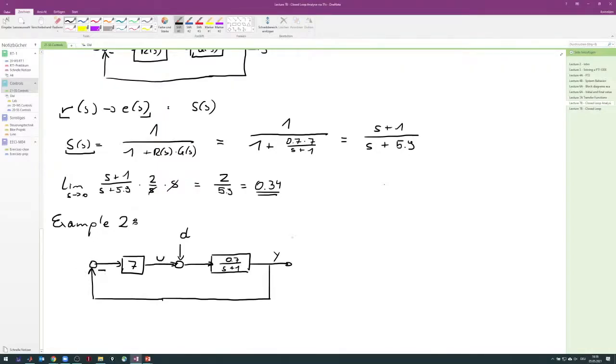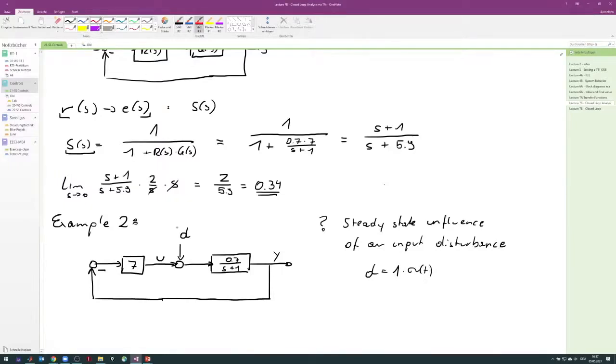Okay. And what we are interested in is the steady state influence of an input disturbance. And let's say this input disturbance now is really just 1 times our step, right? So it's just really a unit step input.